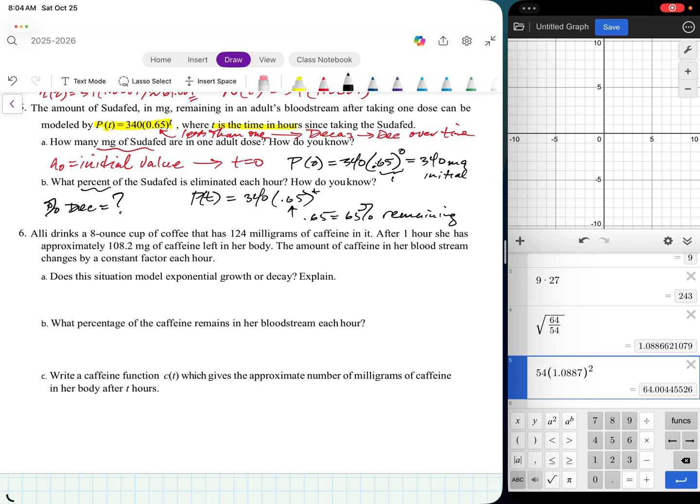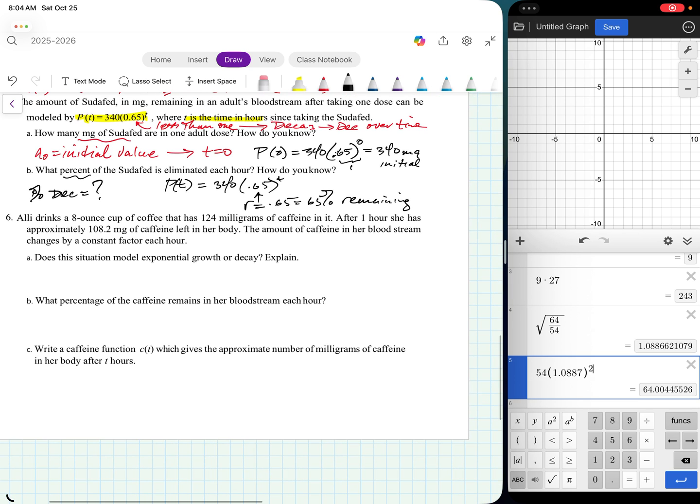That 0.65, your common ratio r, represents the percentage remaining. If you have 65% remaining, you take 100% minus the 65%, and you get a 35% decrease. And that's the answer to your question. It says what percent of Sudafed is eliminated? Keyword: eliminated. So 35% is eliminated. You take the percent remaining, subtract it from 100, and you get the decreased amount.